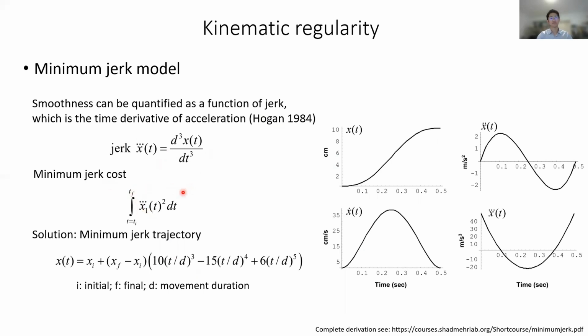We define this as a cost function. If the algorithm minimizes this cost, we get a solution that produces smooth position and a bell-shaped velocity profile. So this model can generate smooth movement and the experimentally observed hand velocity.